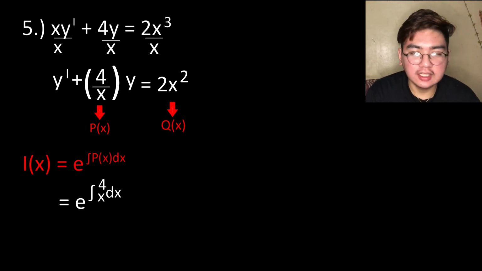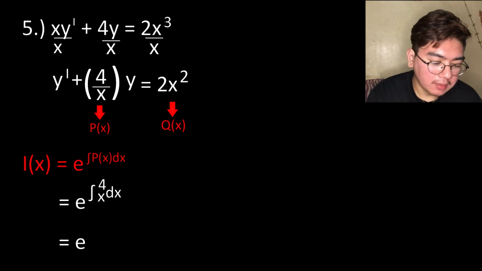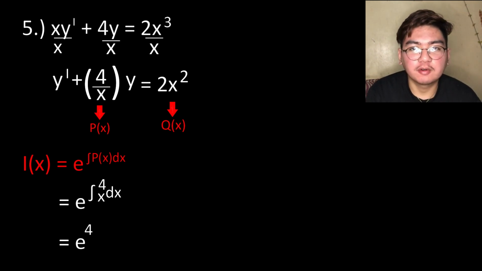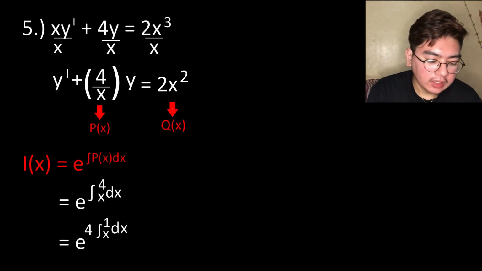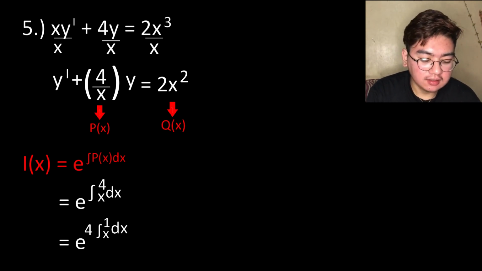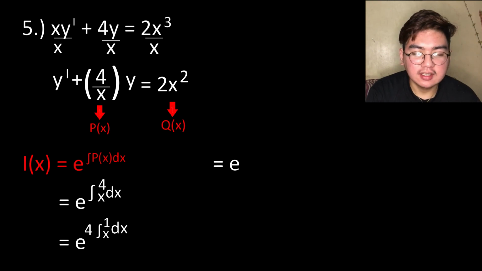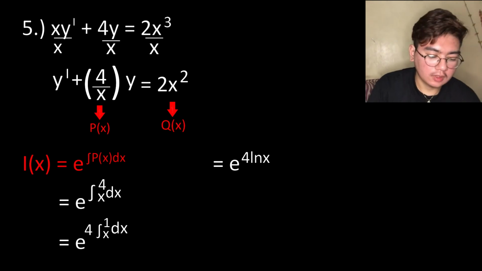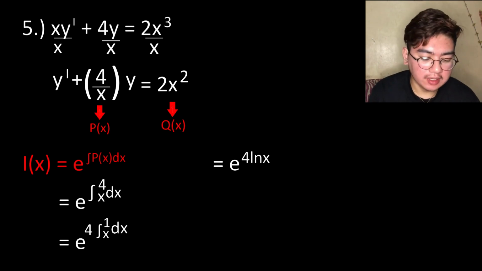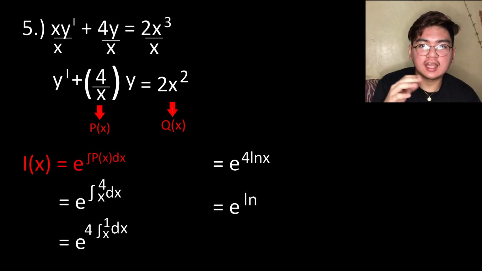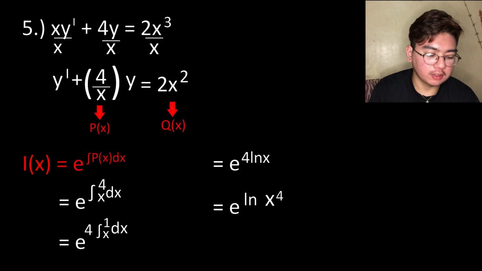Yung 4, ililipat natin sa harap, kaya magiging e to the 4 times integral of 1 over x dx. Ang integral ng 1 over x ay ln x, kaya magiging e to the 4 ln x. Tapos yung 4 ngayon sa e to the 4 ln x, gagawin natin exponent ni x. Kaya magiging e to the ln x to the 4th power.